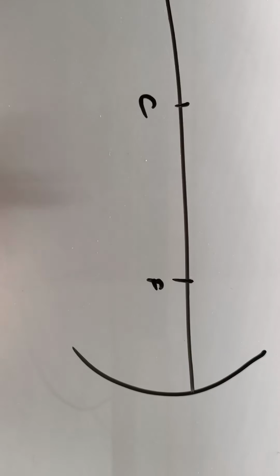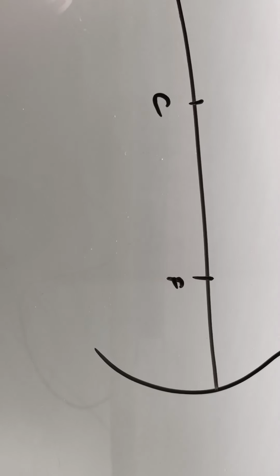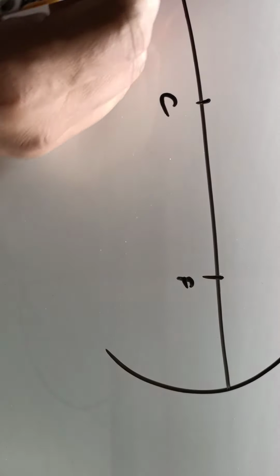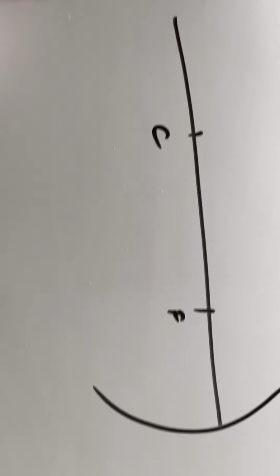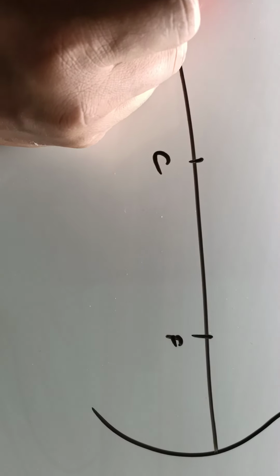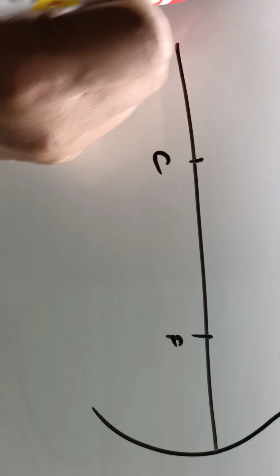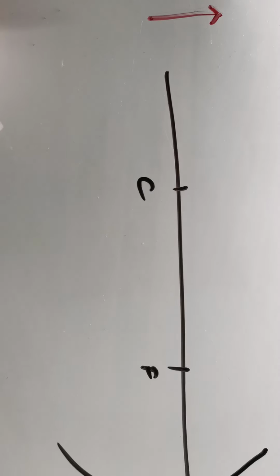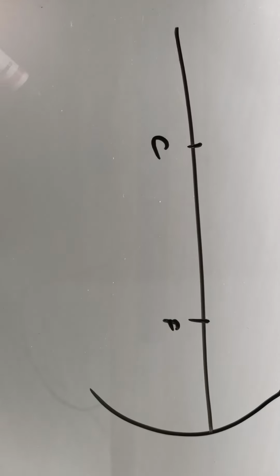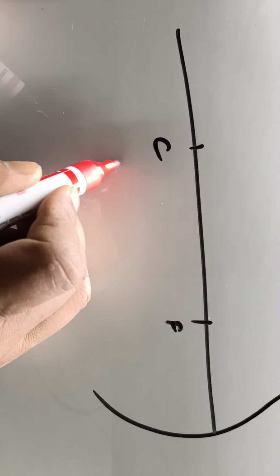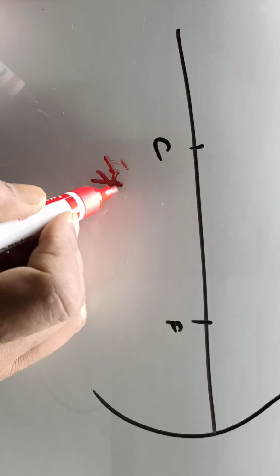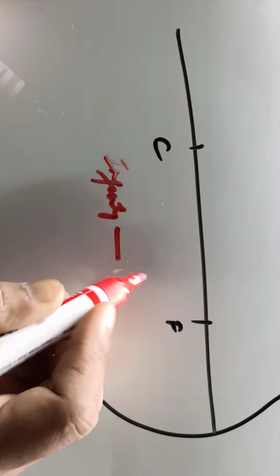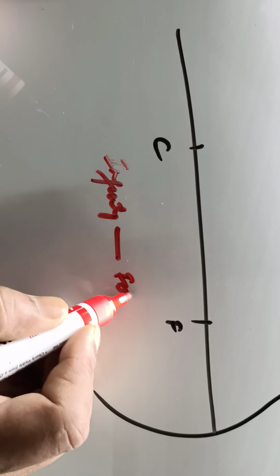Now let us try to understand what we have done just now. The first position was when the object was at infinity. If the object was at infinity, the image formed was at focus.